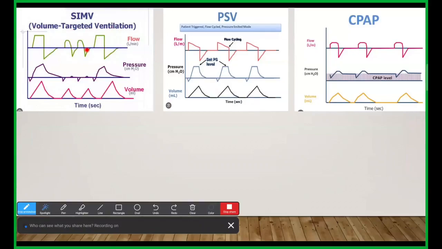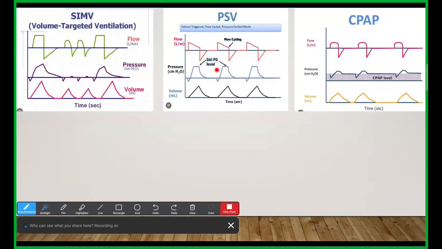Whereas this is a pressure supported ventilation where you have a decelerating ramp pattern, flow cycling happens, and the trigger is also present. This is the pressure support level. When you say 25 centimeter H2O, this will be the pressure support level in your pressure support ventilation. This is how it is going to happen.